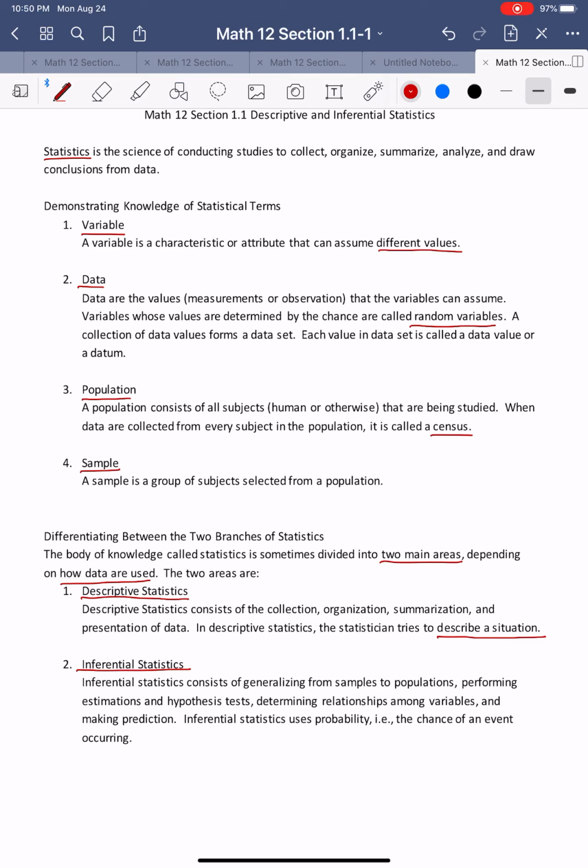So inferential statistics consists of generalizing from samples to populations. So you always mention the samples. You can find it by performing estimations and hypothesis tests, determining the relationship among variables, and making predictions. Inferential statistics use probability, in other words, the chance of an event occurring.